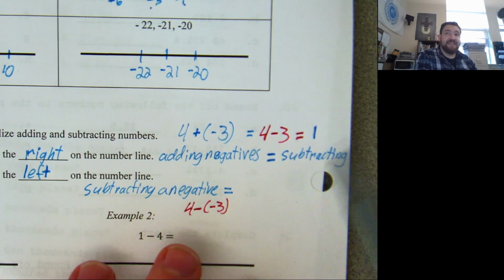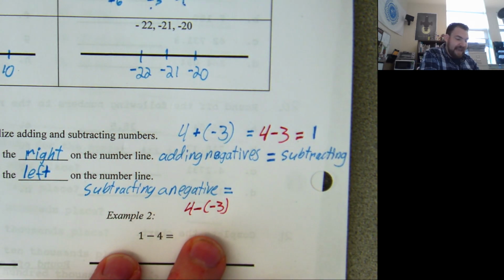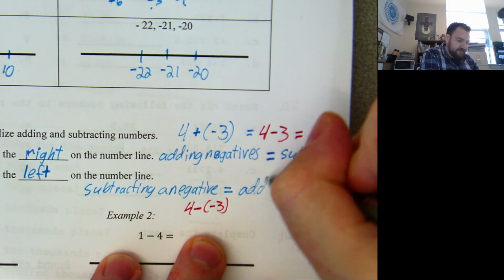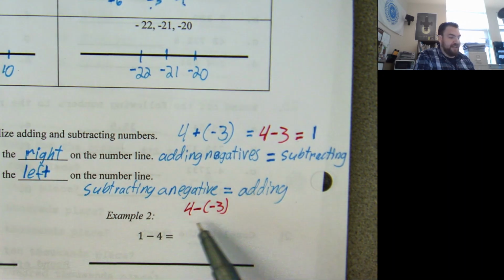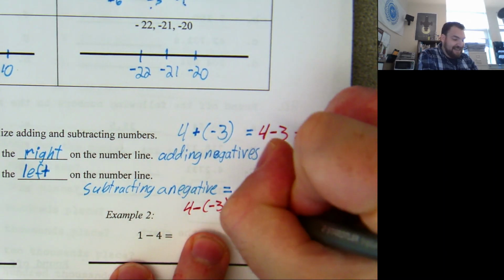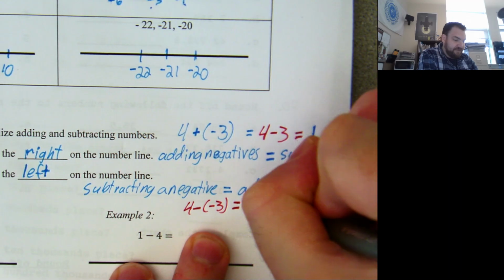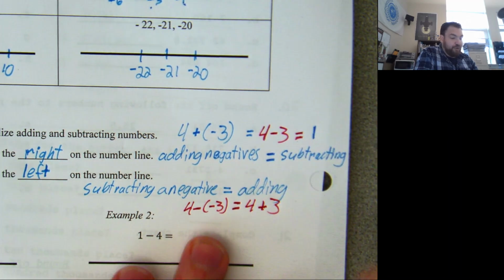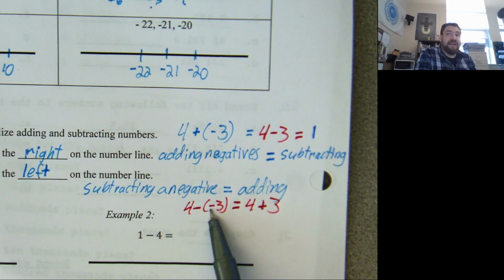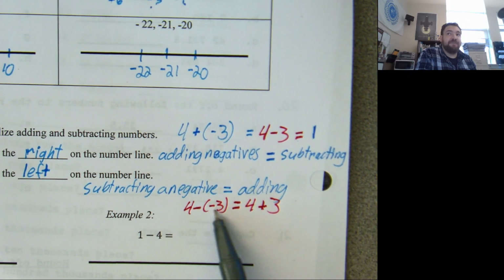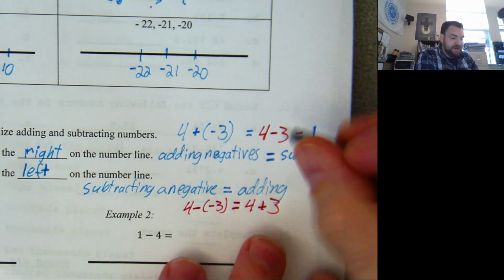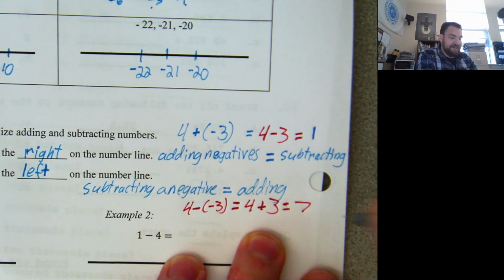Subtracting a negative is the same as adding, because you've got these double negatives in there. If you're taking away something negative, that is the same as adding. So you can rewrite it. When you've got the subtraction of a negative, that's the same thing as addition. So 4 minus negative 3 becomes 4 plus 3, and this, we're told already, is 7.